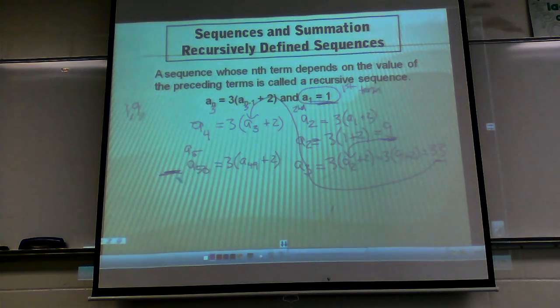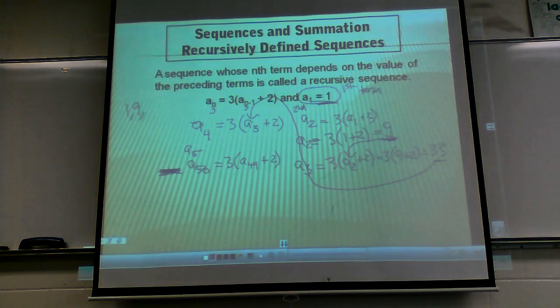But if I ever gave you one like this that was recursive and I said find the 50th term, I would expect you just to go to the calculator. You're not going to write out 49 terms. But for lower ones, like up to 4 or 5, you just start at the first one and write them out. You would have to have all those in order. Will we learn at some point how to do it on the calculator? Yes.